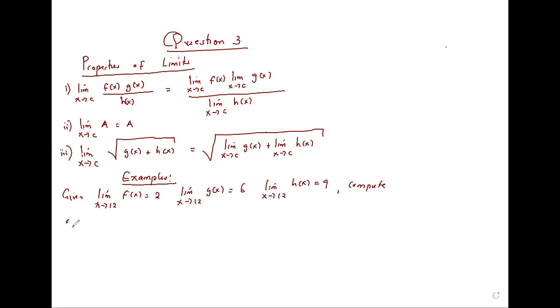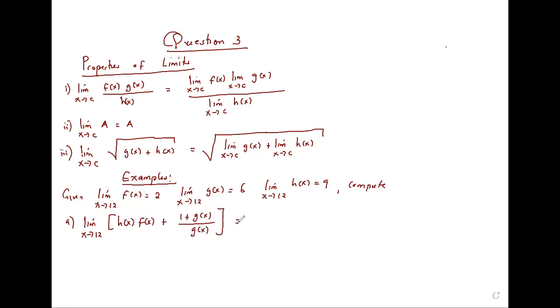for A, the limit as x goes to 12 of 1 h of x multiplied by f of x plus 1 plus g of x over g of x.